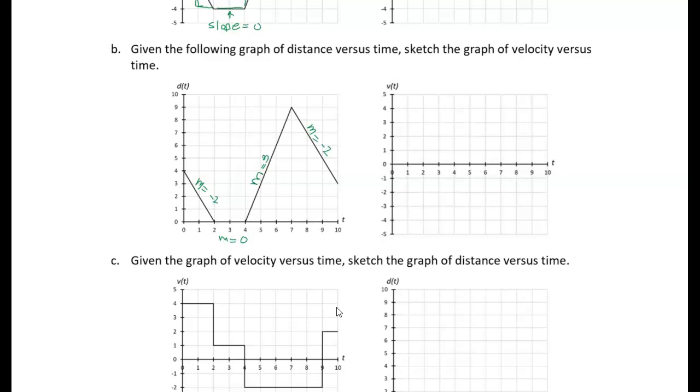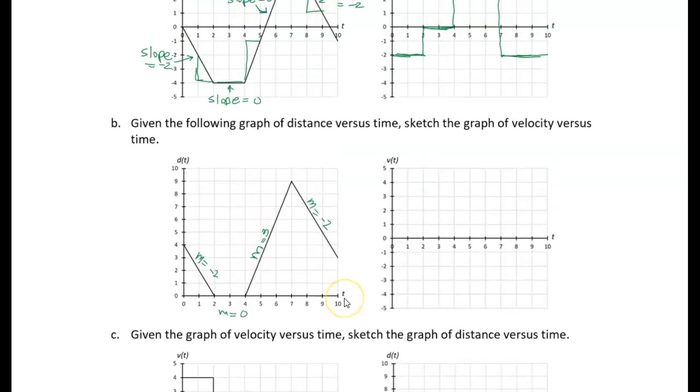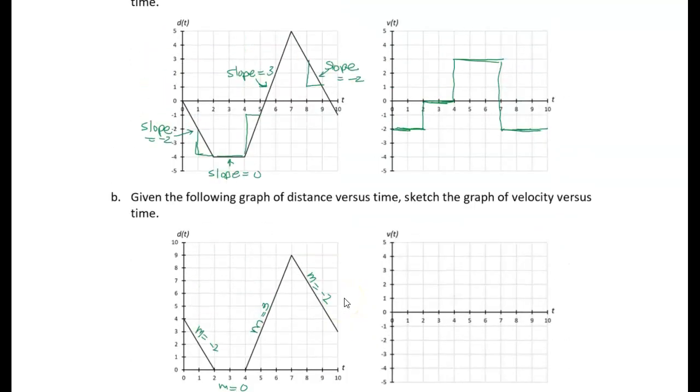So even though this graph for displacement looks different, it has the same graph for velocity. We're going to have a -2, and then it goes up to 0, and then it jogs up to a +3 until we get to 7, and then it goes back down to -2.